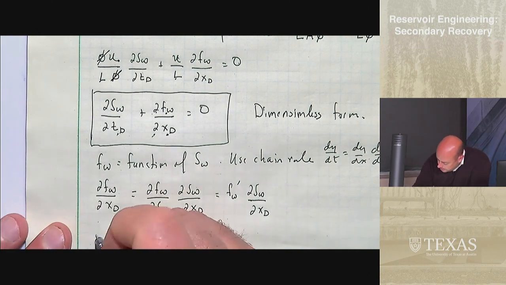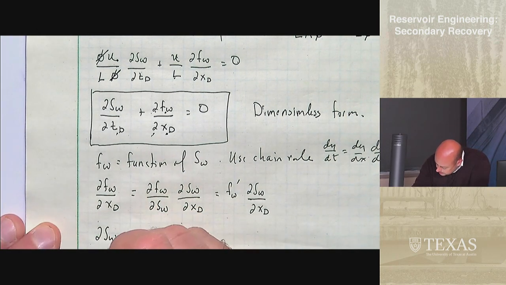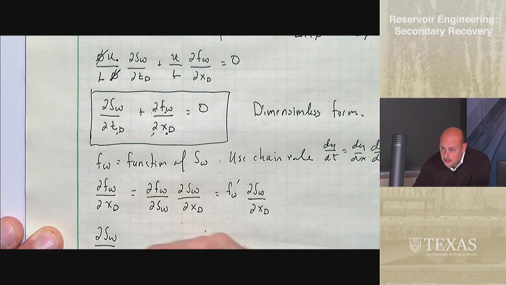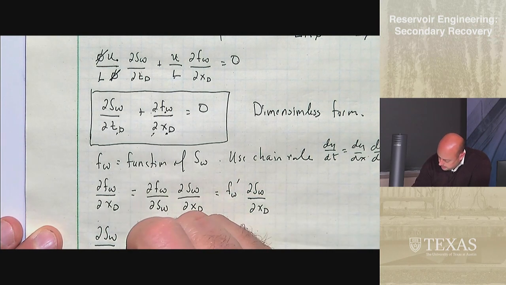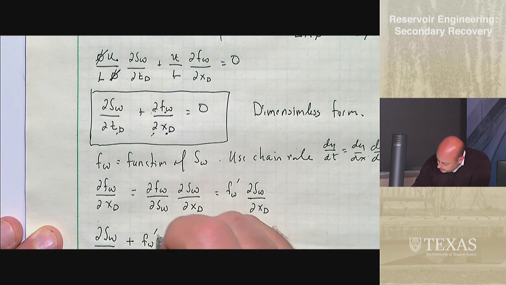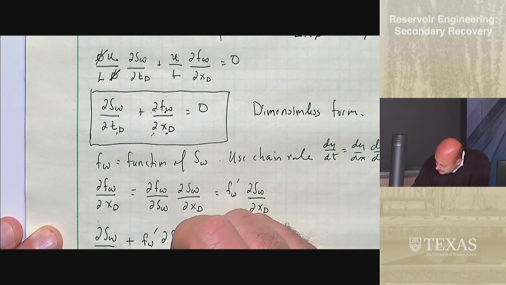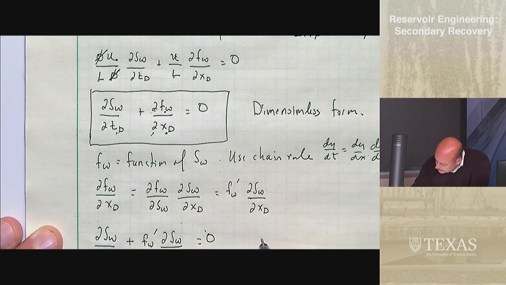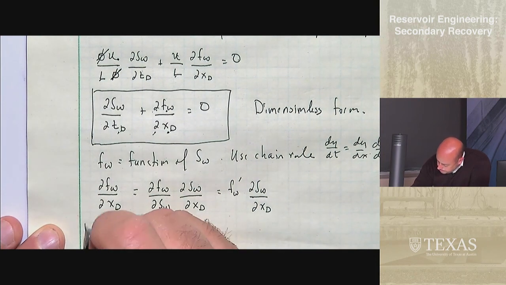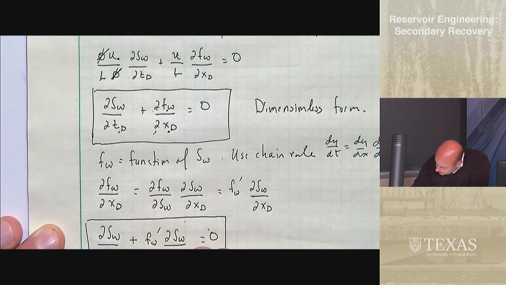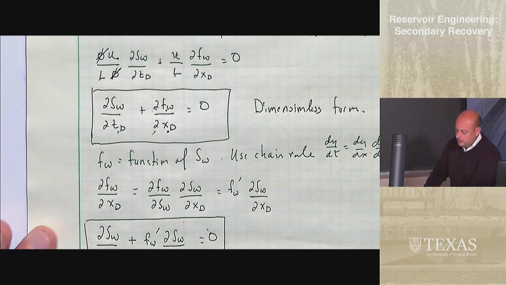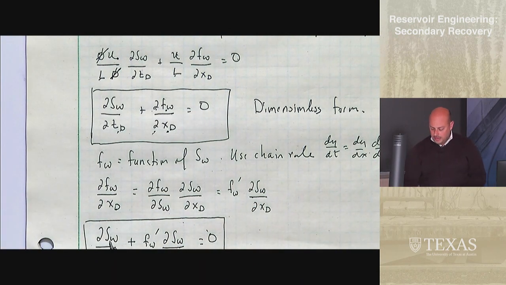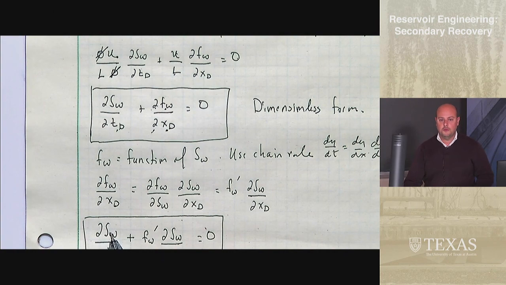So now I can write the equation as dSw/dtD plus fw prime times dSw/dxD is equal to 0. That looks a little bit more doable, because now I've only got one variable I'm trying to solve for.